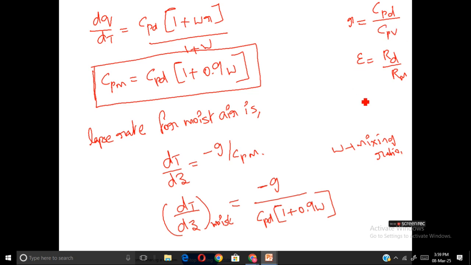R has a value of 0.9. So minus G by Cpd into (1 plus 0.9 into W). So this can be further reduced.